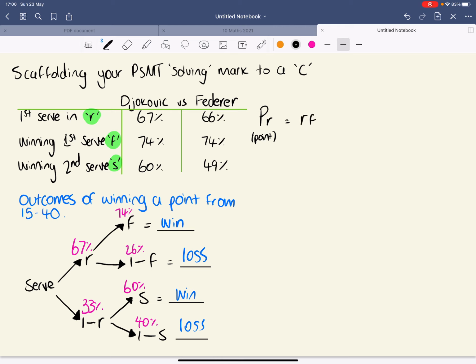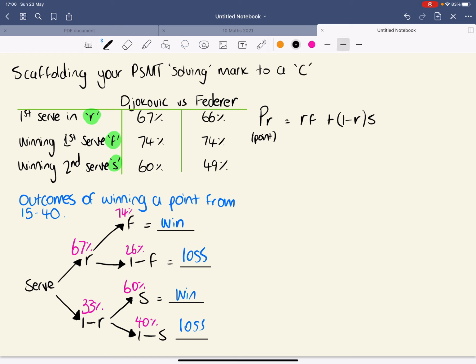Or, as we previously just discussed, involves addition, (1 minus R) times S. And I'll put 1 minus R in brackets because the 1 and the minus R are both multiplying with S. And that's the probability of winning a single point, just a single point, okay?